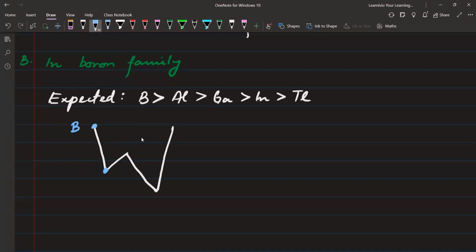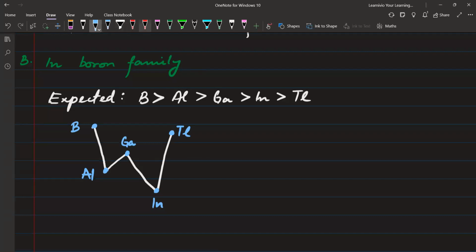Aluminium is lower than boron, but gallium has higher ionization enthalpy, slightly higher than that of aluminium, and indium is quite low. And thallium, we were expecting it to be low, but it is quite high. Although it is lower than that of boron, it is still higher than that of indium and gallium.